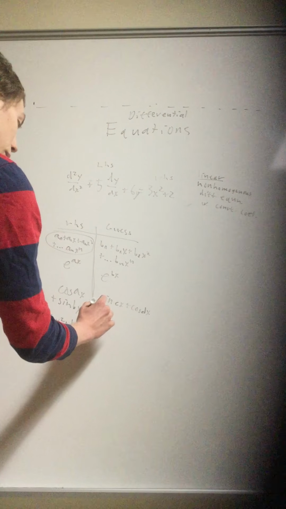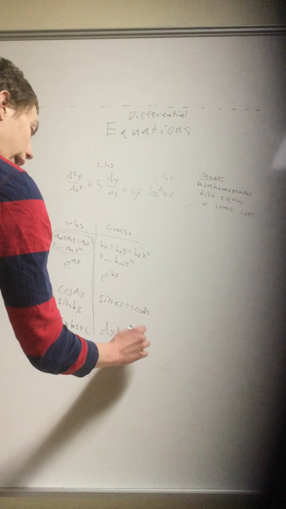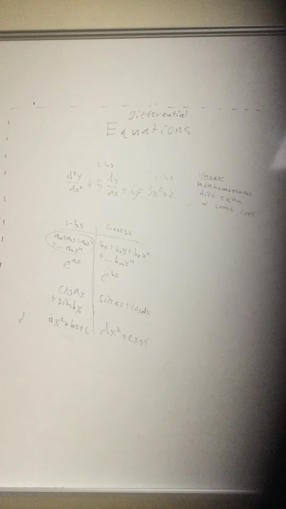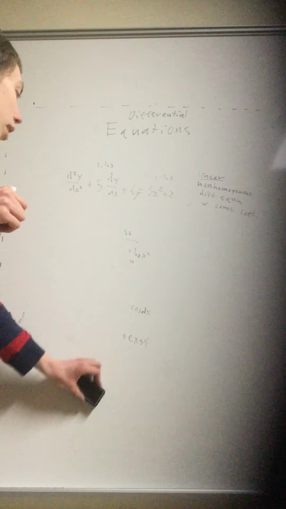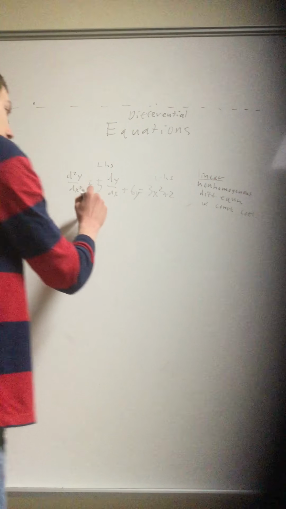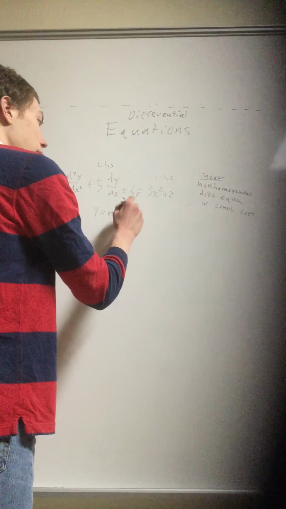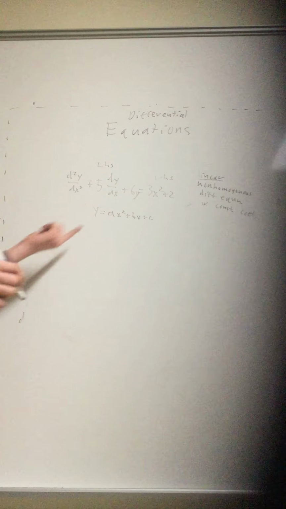So our solution should be something like bx squared plus ex plus f. So let's try this, but let's just use a, b, and c for the constants. So let's guess y equals ax squared plus bx plus c, and we'll see how it goes.